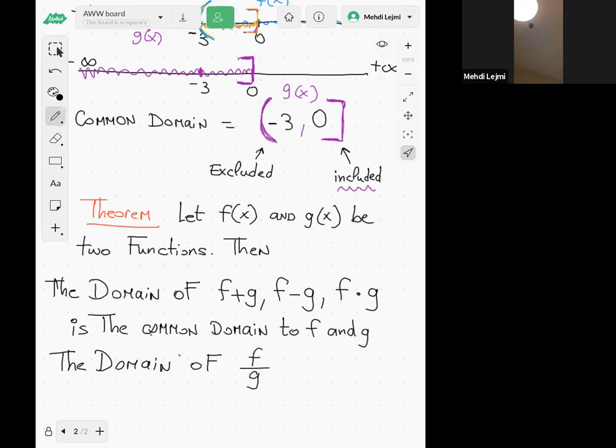Well, the thing here, because we divide by g, we have to exclude the values of x where g is 0.